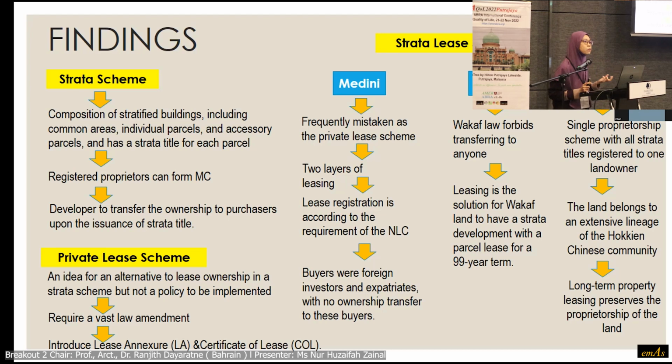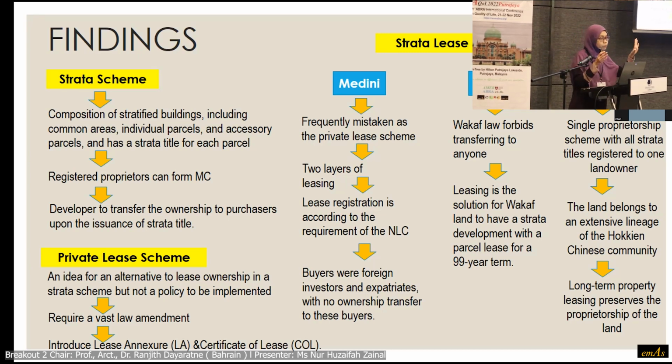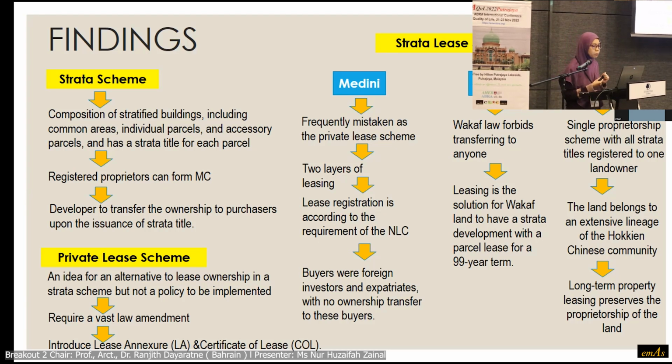A private lease scheme was explored by the government many years ago to see if there was any other type of lease property that we can use under the National Land Code, the Strata Title Act and the Strata Management Act, where we can explore the selling of a strata unit without transfer of proprietorship.